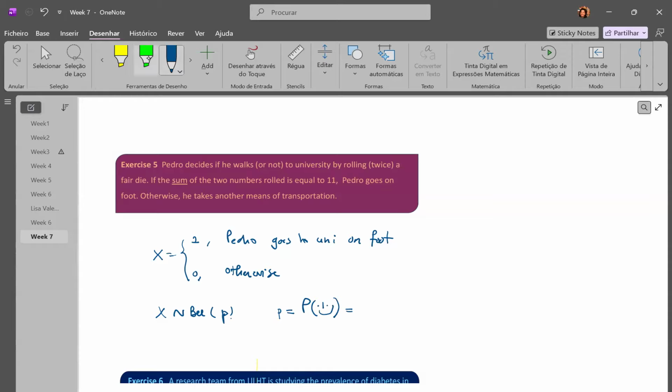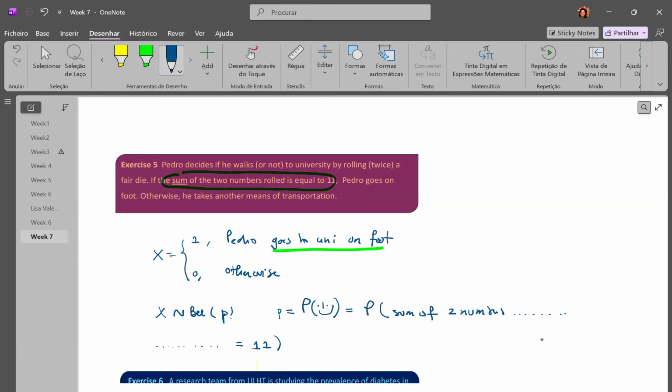So let us look at the characteristics of a success. Pedro goes to uni on foot, and that means that we need to have a sum equal to 11, right? So we're going to write here the probability that the sum of two numbers resulting from throwing two balanced dice equals 11.